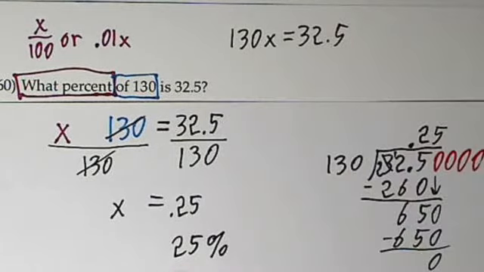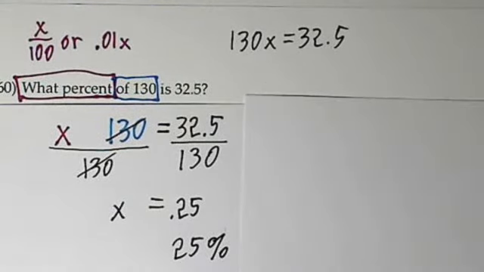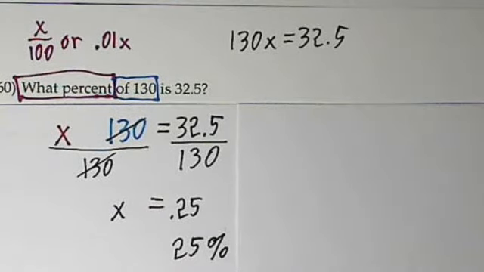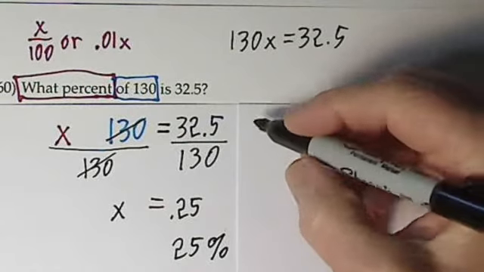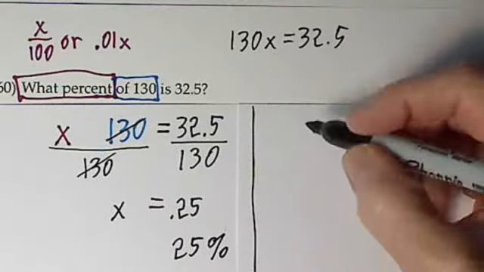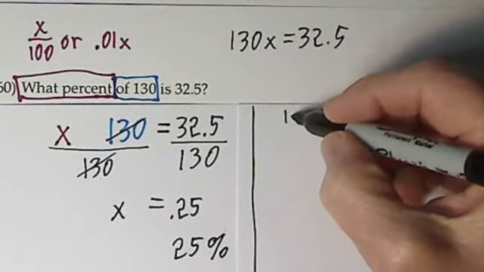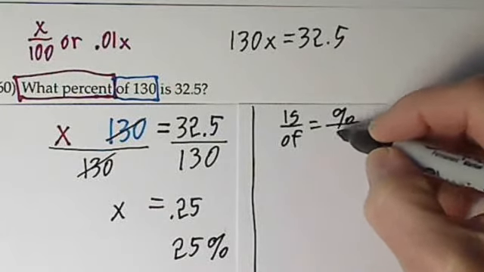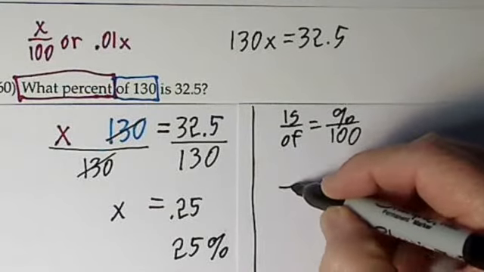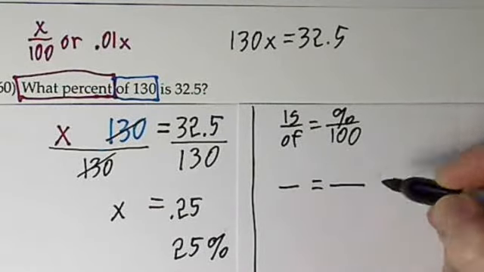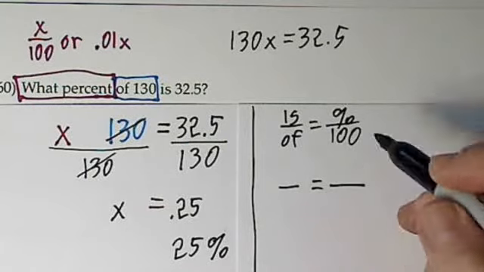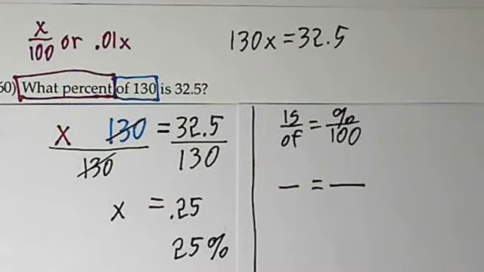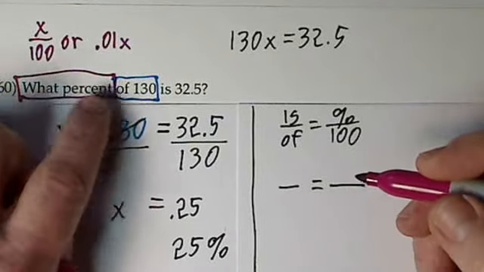And then to solve this as a proportion, remember we're going to follow the pattern. We'll go proportion over here. We'll be following the pattern is over of equals the percentage over 100. And usually the percentage is the easier one to put in there. And notice here it says what percent.